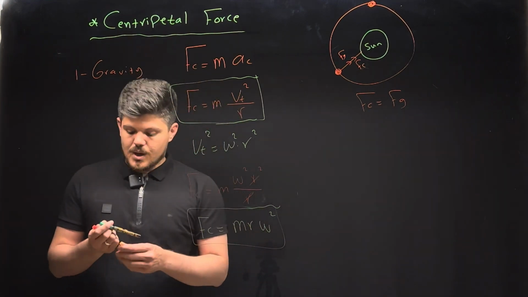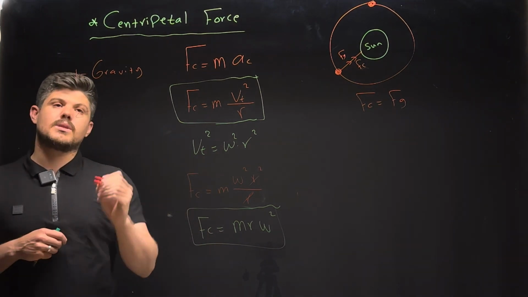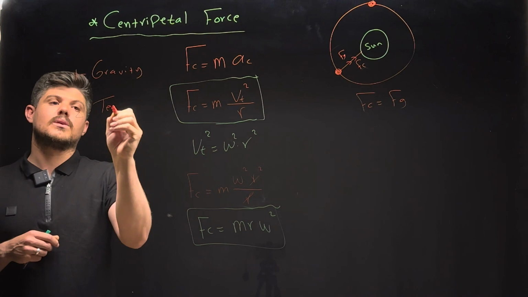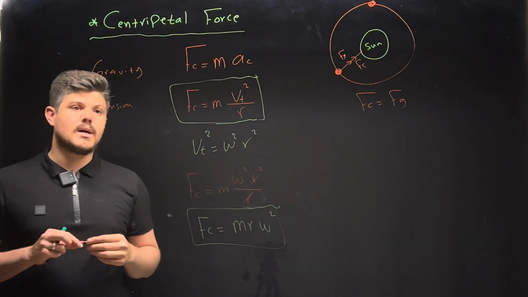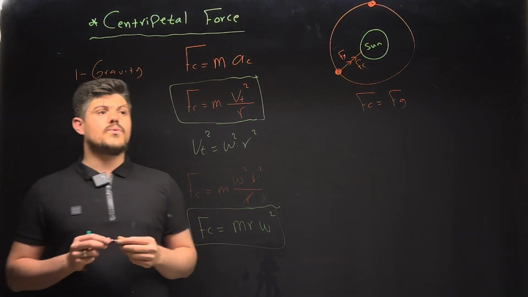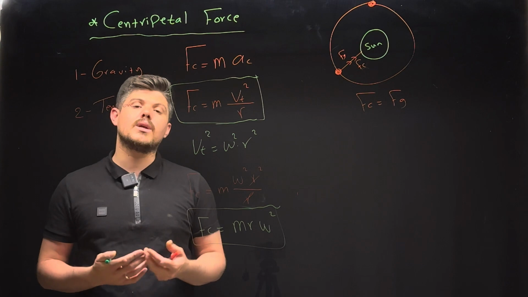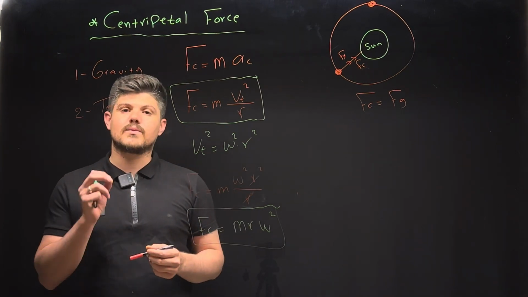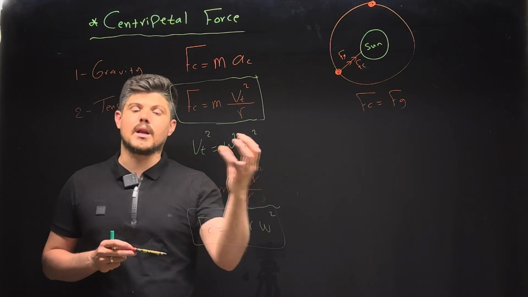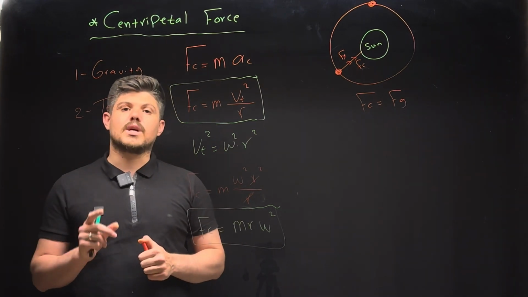The second source of the centripetal force is the tension force, which is the force of the rope, for example, when a ball is tied at the end of a string and swung in a circular path.